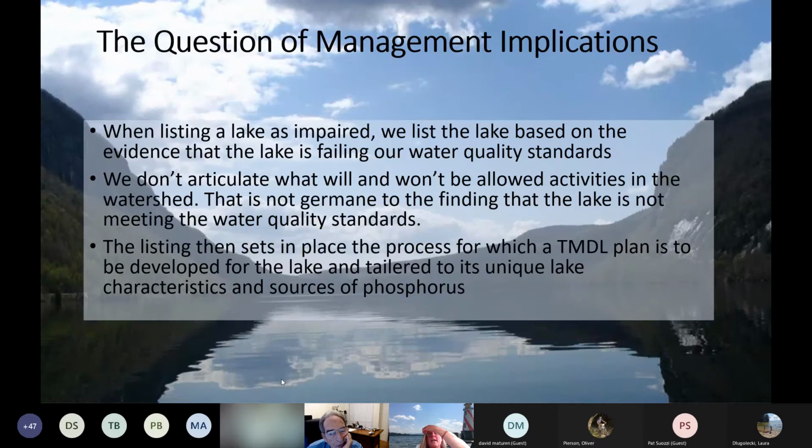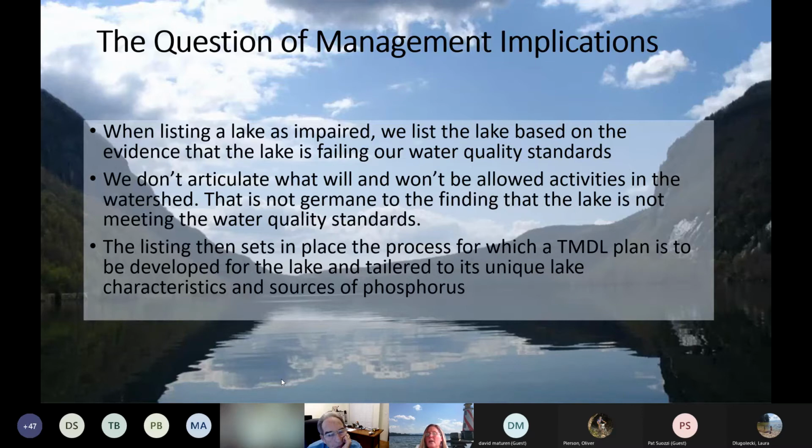To understand what the management implications would be with upward reclassification, reclassifying a lake to A1, we could look to what happens when we similarly legally list a lake as impaired. Earlier today, we heard from Ben Kopens about lakes listed as impaired. And when listing a lake as impaired, we list the lake based on the evidence that the lake is failing our water quality standards.